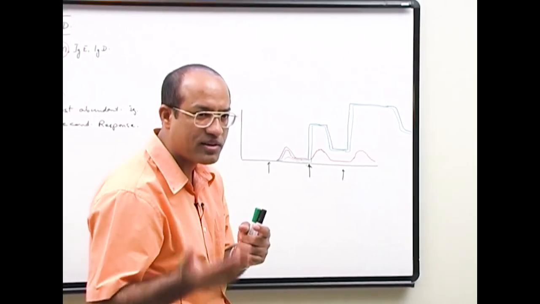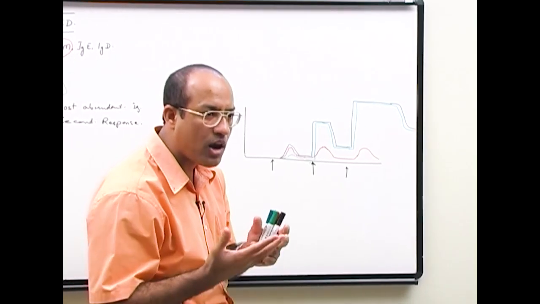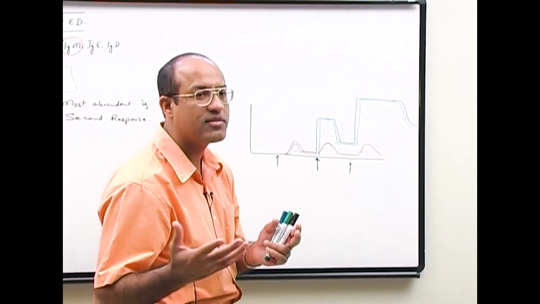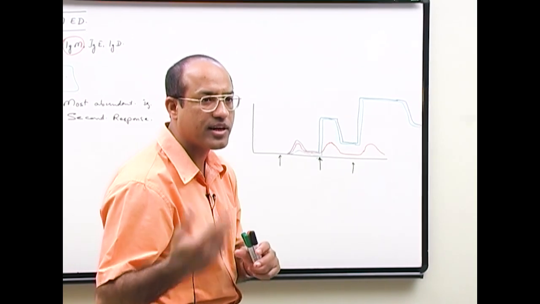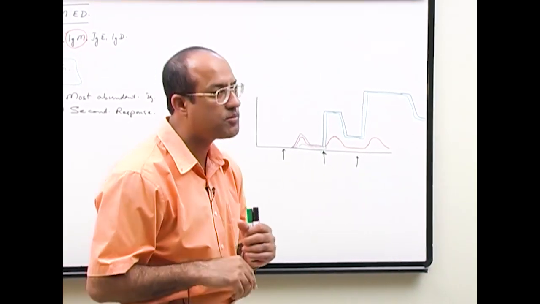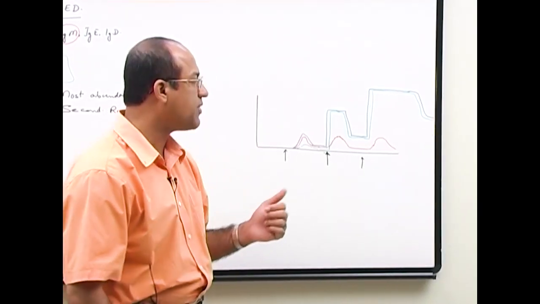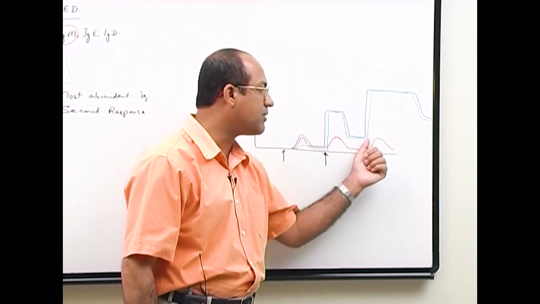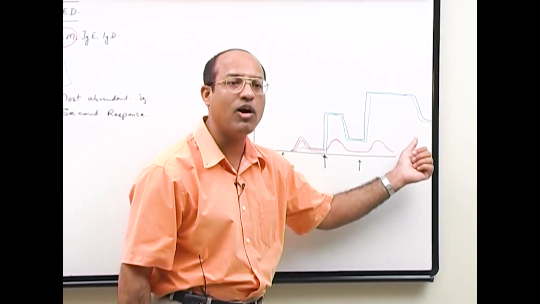So when you have repeated exposure to the antigen, you have a lot of memory B cells ready to produce a lot of IgG. Is that right? Another thing very important to remember: the half-life of IgM is short, but the half-life of IgG is long.